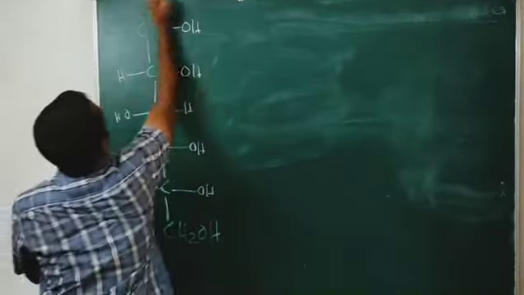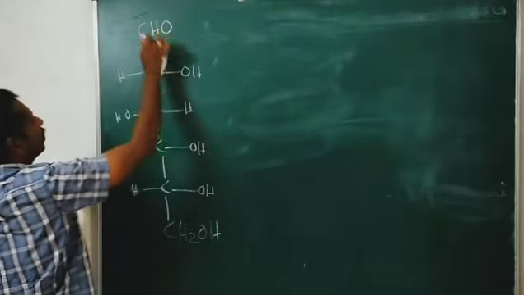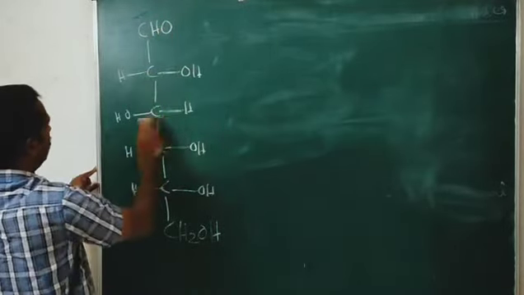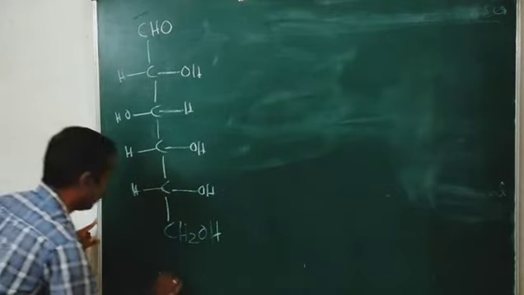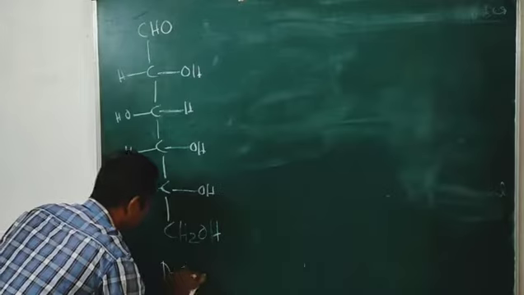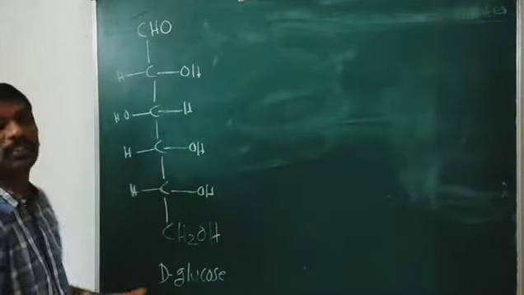So here it is CHO, CHOH, COHH, CHOH, CHOH, and CH2OH. This is D-glucose. This is the open structure of glucose.